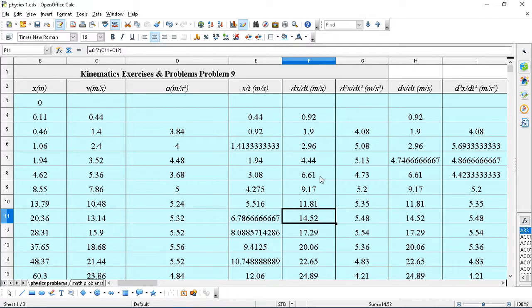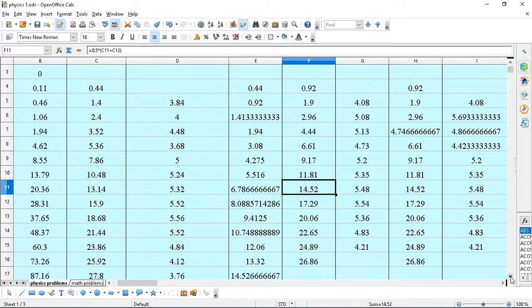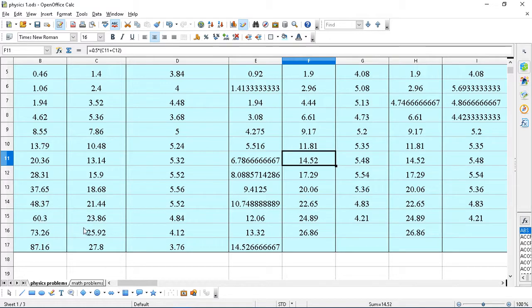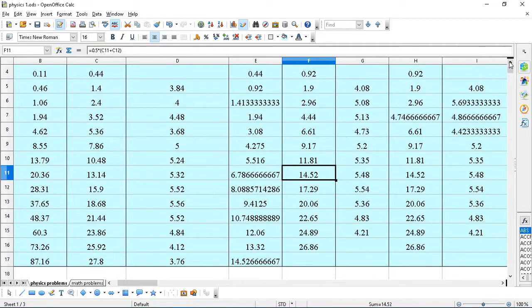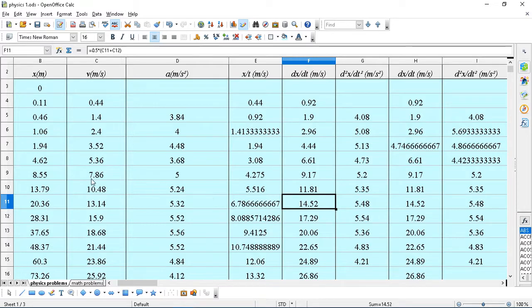So the differences expected are not much greater than that. 10% difference is more or less an acceptable difference between calculated values.